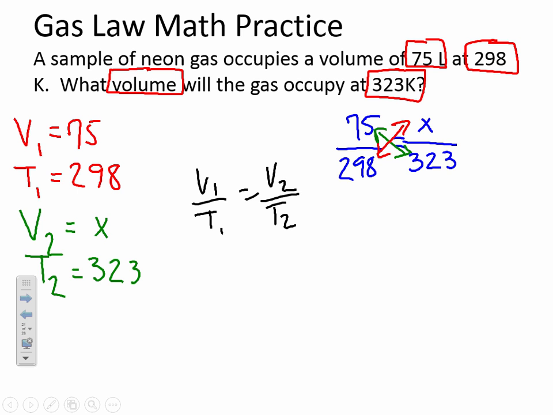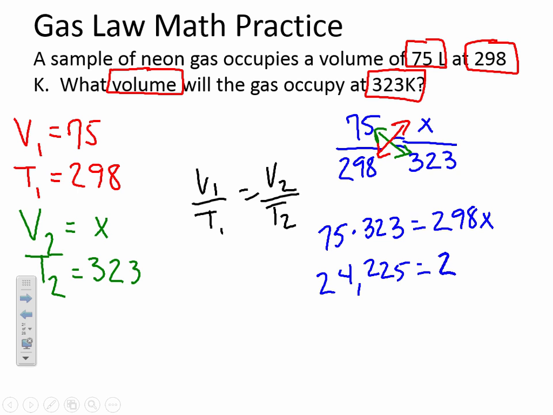When we cross multiply, we are left with 75 times 323 is equal to 298 times x. When you take 75 times 323, you end up getting 24,225 is equal to 298x.